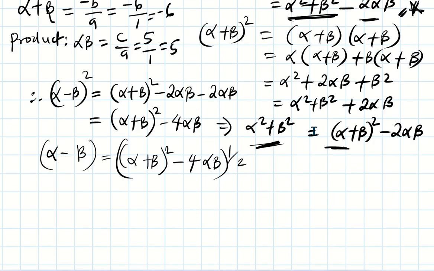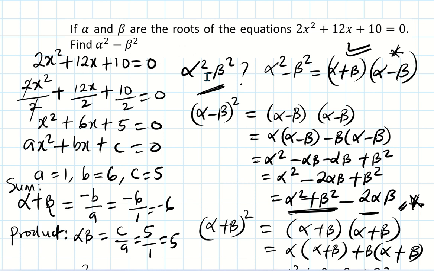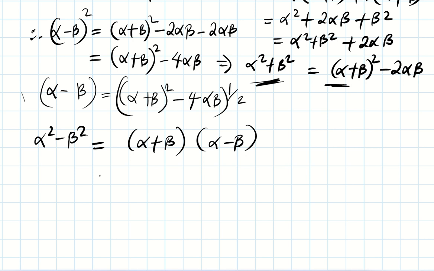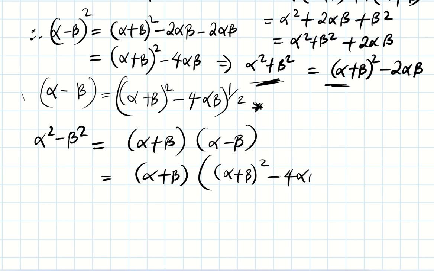Now, so therefore, we need to find this, which is equal to this. So therefore, we have that alpha squared minus beta squared is equal to alpha plus beta, alpha minus beta, and alpha minus beta is equal to this. So we have alpha plus beta, open bracket, alpha plus beta squared minus 4 alpha beta, raised to the power of 1/2.